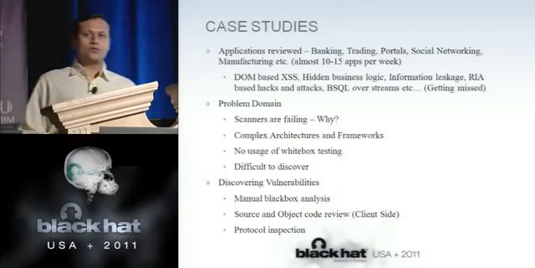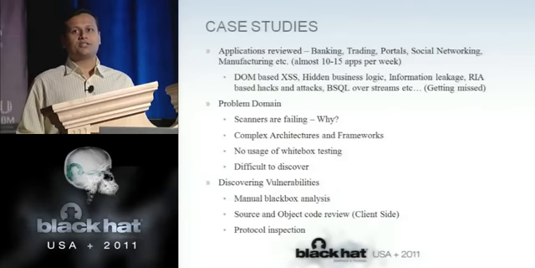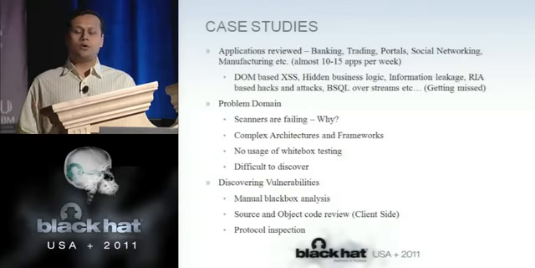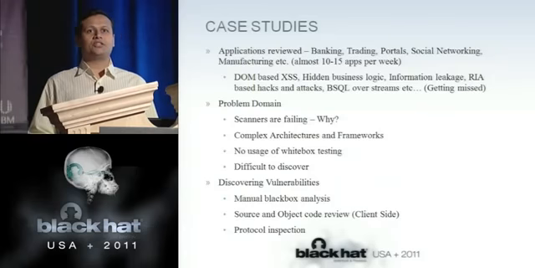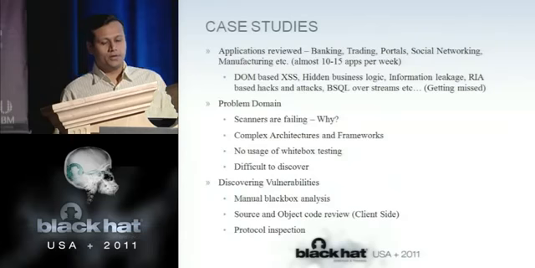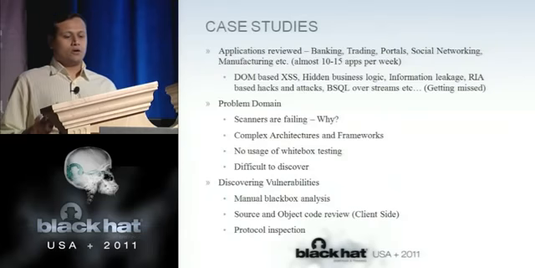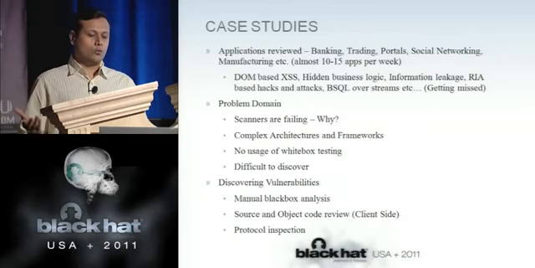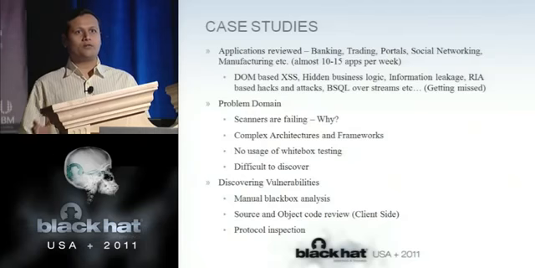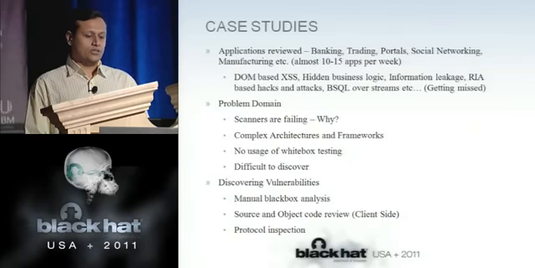A lot of components which are running on RIA using Flash and Silverlight are difficult to assess and audit. We miss BSQL, that's blind SQL, over various different streams, be it JSON or XML and so on. So this is a big chunk of vulnerabilities which are getting missed while you are doing automated scanning, not paying a lot of attention with the human skills as such.